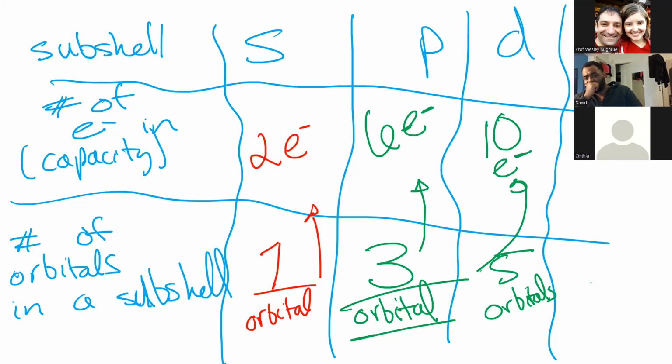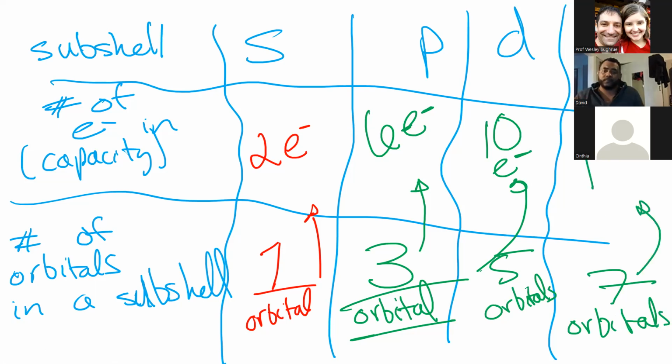And finally, F has a total of 7 orbitals per subshell, so there's a total possibility of 14 electrons per subshell. That's because a pair of electrons exists within an orbital, and there's a maximum number of orbitals that can exist within a specific type of subshell.